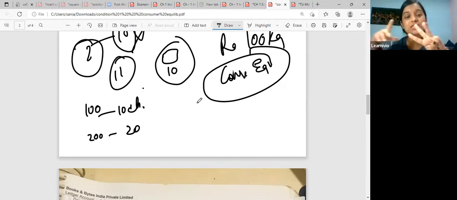These are the three conditions. If you can achieve any one of them, like being good in academics, you will get student of the year. So there are conditions to get consumer equilibrium. Is it fine? Yes, teacher. Clear, ma'am.